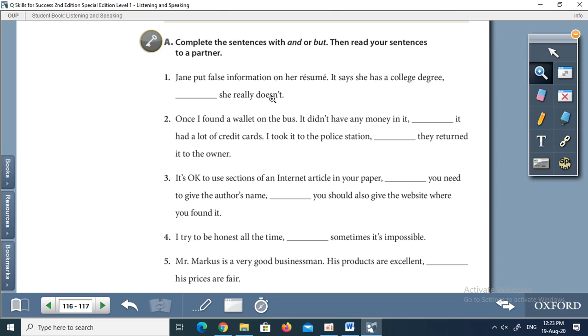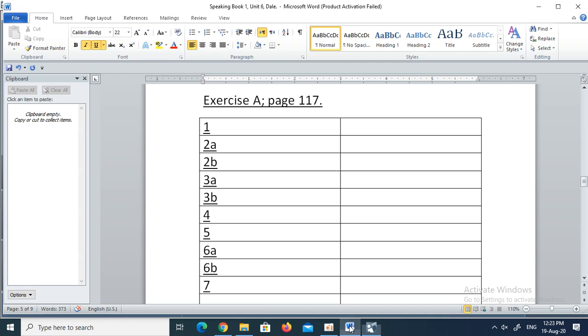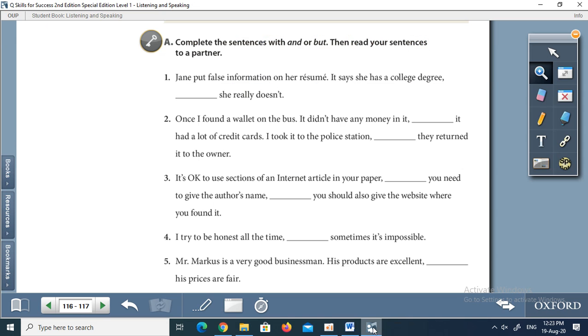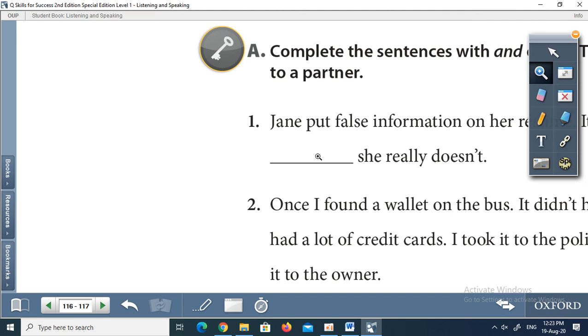So you know when the things are different, you must use but. All right, so our first answer would be but. So when you are filling things in your book, I want you to put but into number 1.